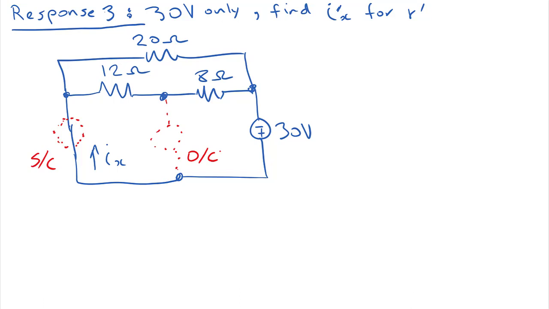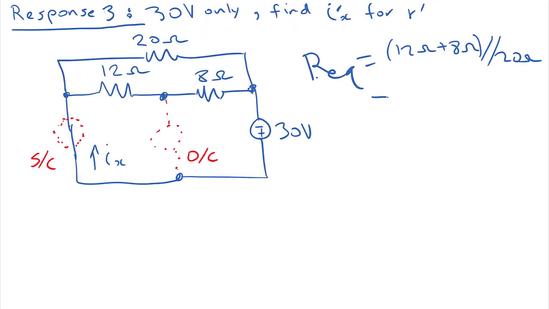Okay, so then we have a similar situation, and we've already calculated the equivalent resistance up here. And this is the nice thing about superposition. It just simplifies the circuit. So this R equivalent, again, it was 12 ohms plus 8 ohms in parallel with the 20 ohms, and we know that that works out to 10 ohms.